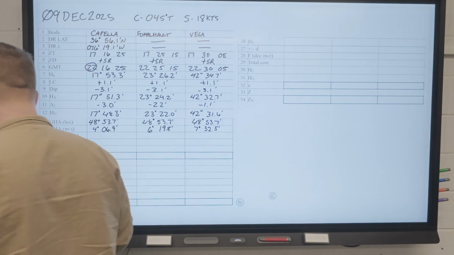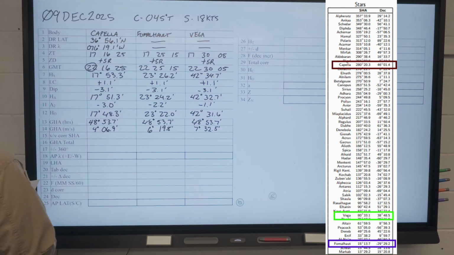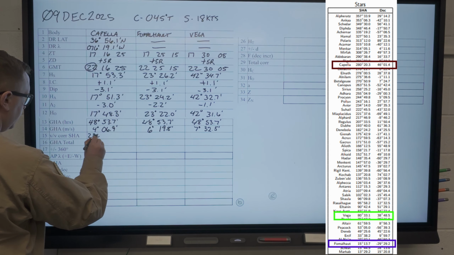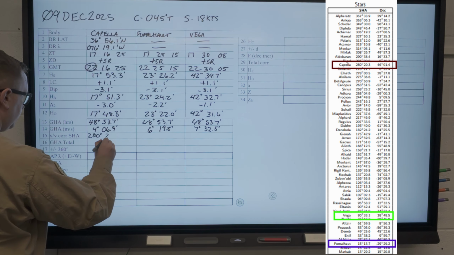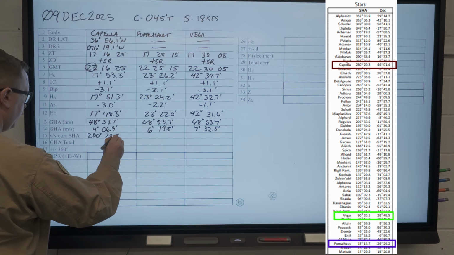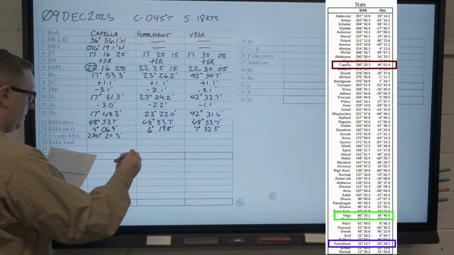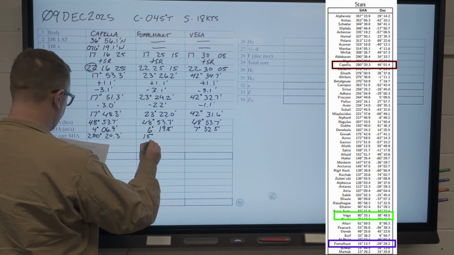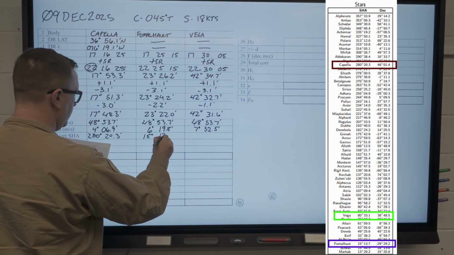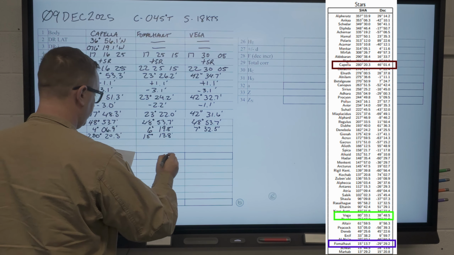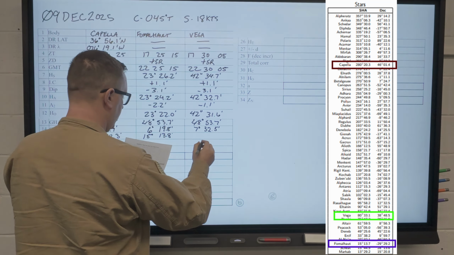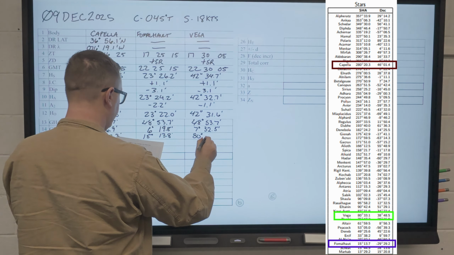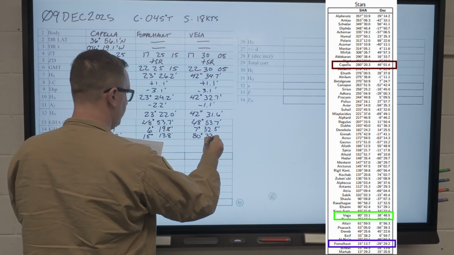So the SHA of Capella was 280 degrees, 20.3. Fomalhaut, 15 degrees, 13.8. And then Vega had 80 degrees, 33.2.